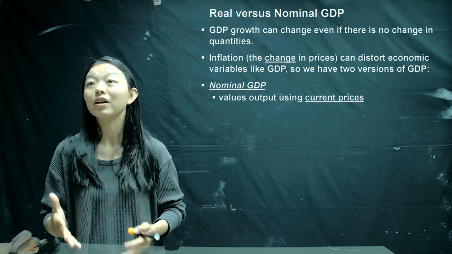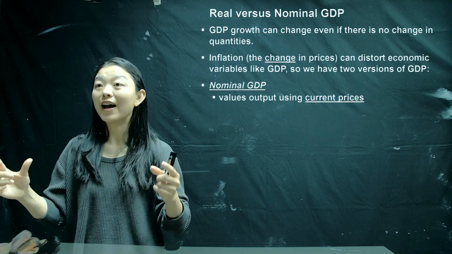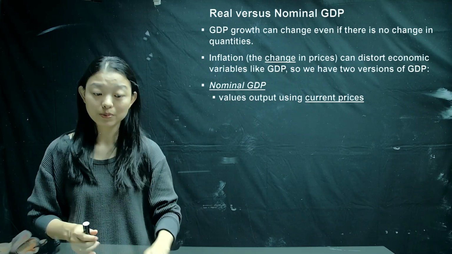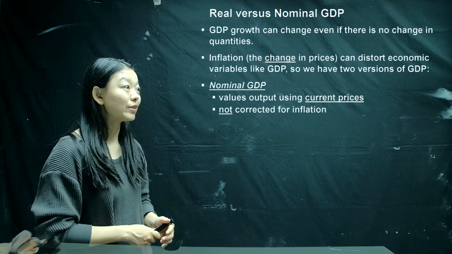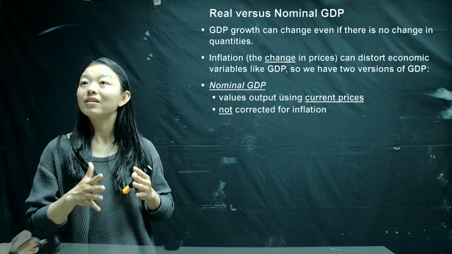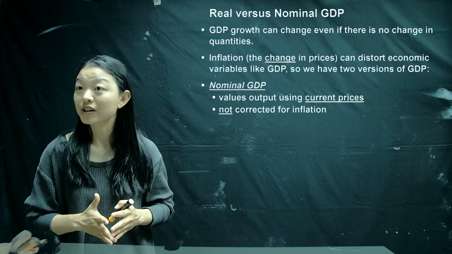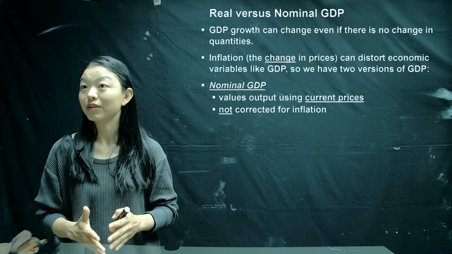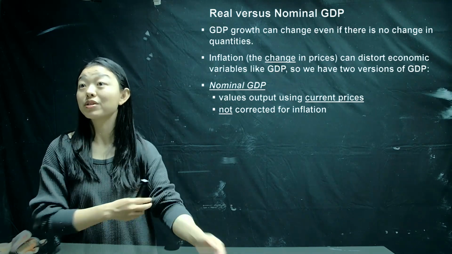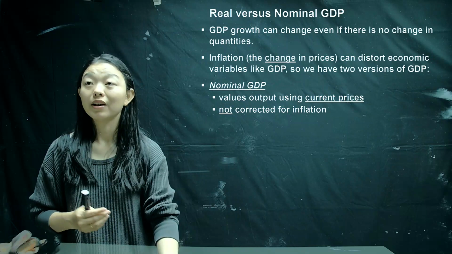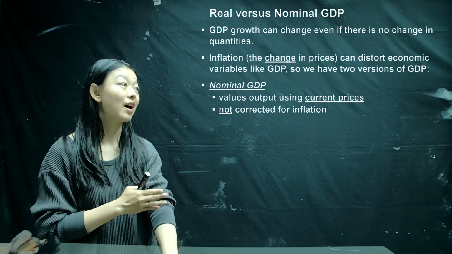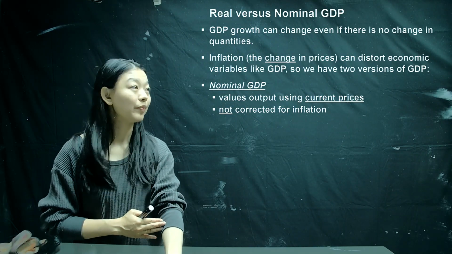So for nominal GDP, we value the output by using the current prices. However, this type of GDP doesn't correct for inflation, because we use just the current price.